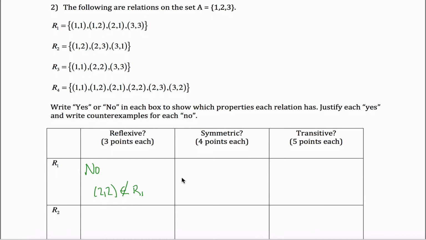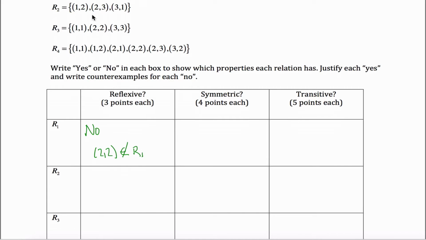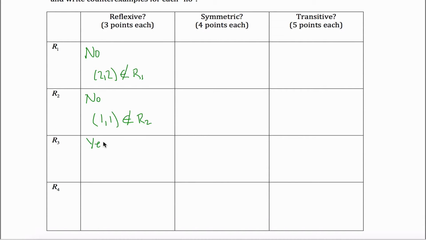It's not reflexive. Maybe I should do reflexive for all of them. What about R2? Nope, that's certainly not. Why not? Well, 1, 1 is not in there. What about R3? It's got 1, 1, 2, 2, and 3, 3. So, yep, it's reflexive. How about this way?